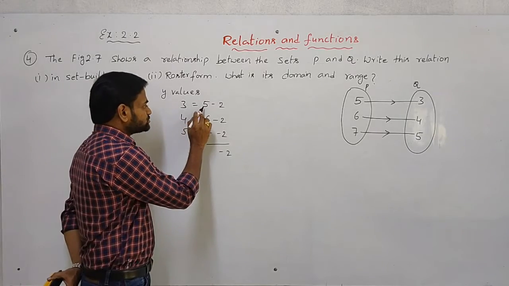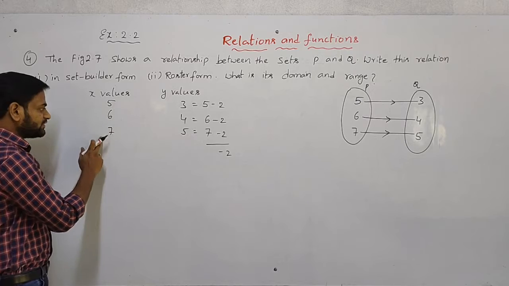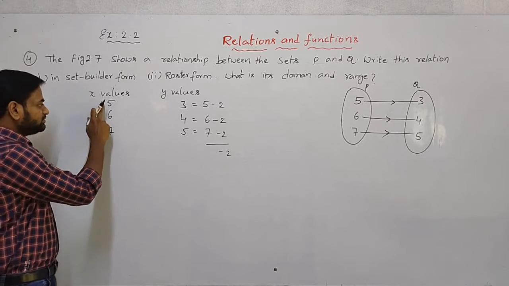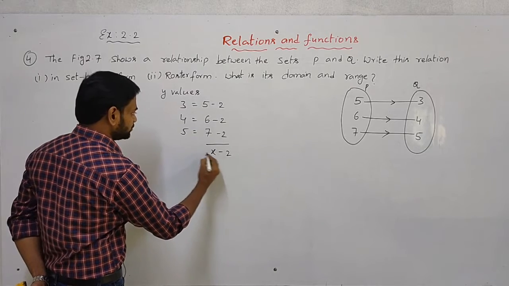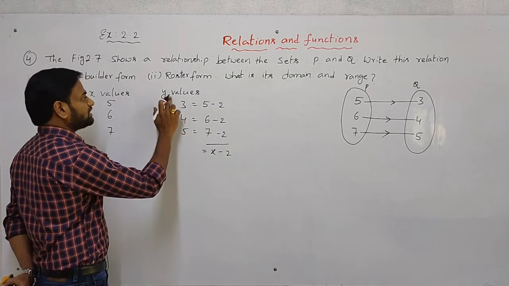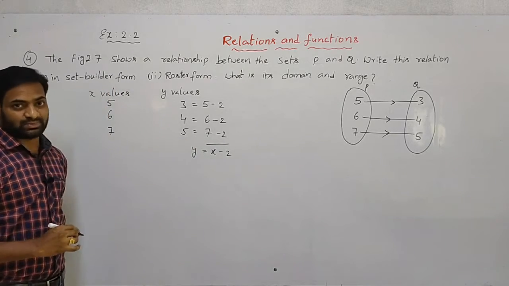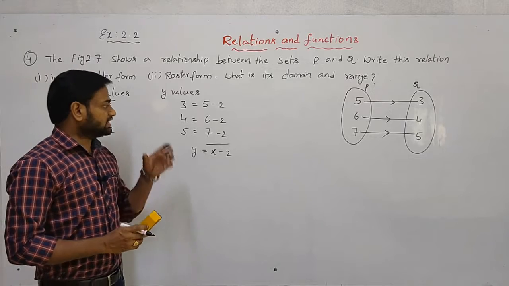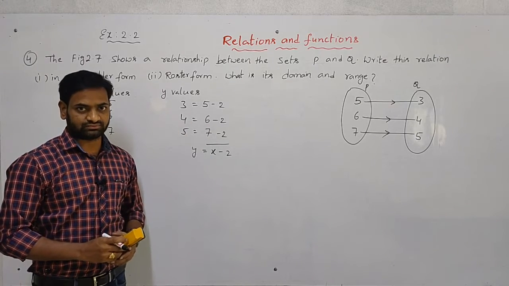Now what about the values 5, 6, 7? These are the x values. So x minus 2 gives 3, 4, 5, which are the y values. So y equal to x minus 2 is the relation between x values and y values.